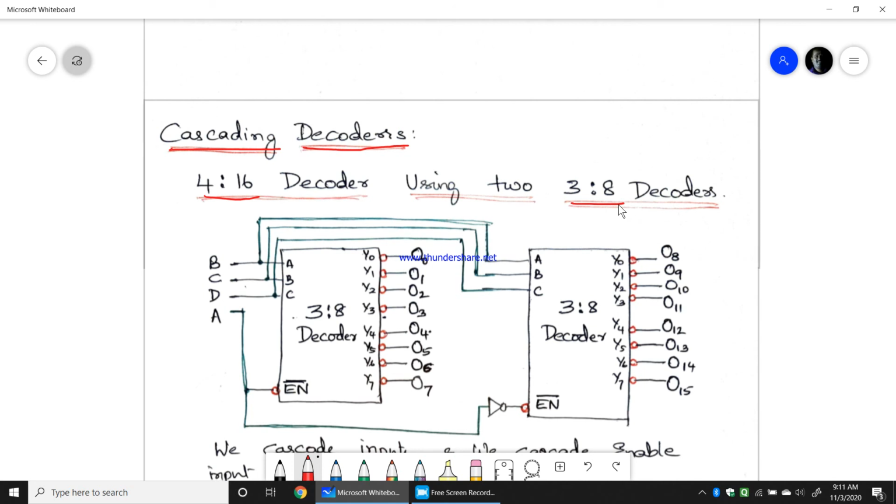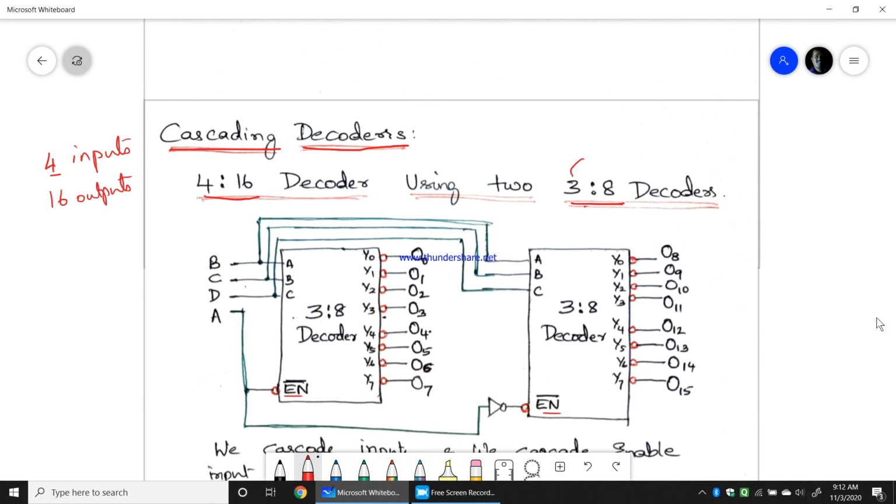When I say 4:16, it means that we have four inputs and 16 outputs. So here we know that a 3:8 decoder will have only 3 inputs. Now where do we get one more input? For that, we will consider the enable pin as one of the inputs.